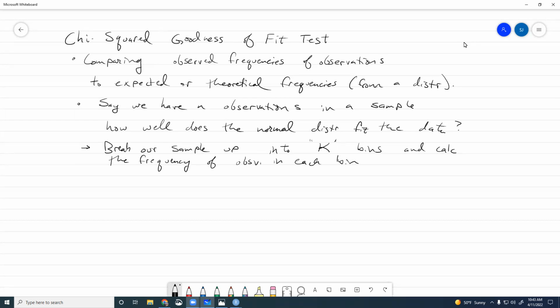So these bins are going to be equal width. The frequency of observations we'll call O sub i in each bin.